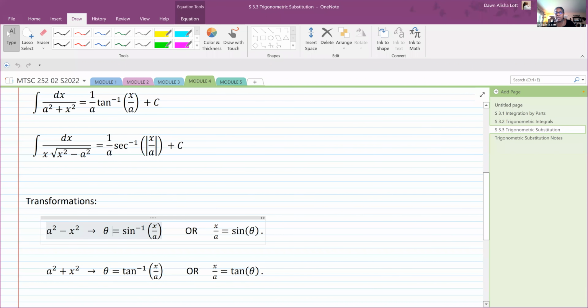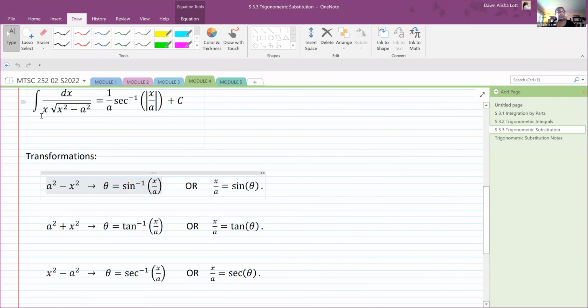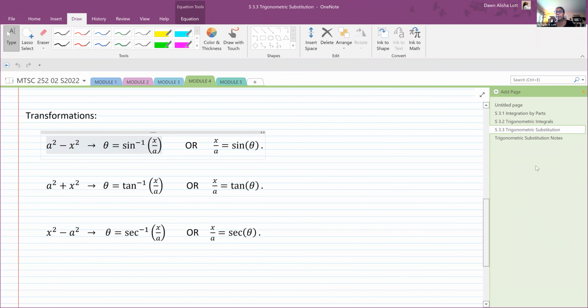And then the last one is the secant inverse. So whenever you have x squared minus a squared in your integral, I want you to associate x squared minus a squared with secant inverse of x over a, where x over a is equal to the secant of theta. Okay, so now let's get going with our first problem.